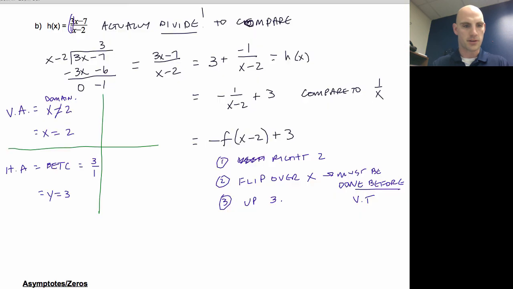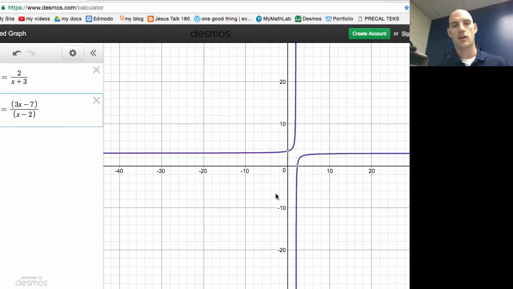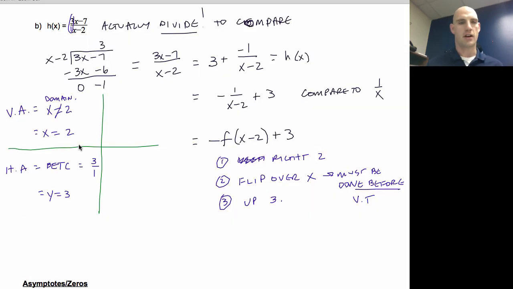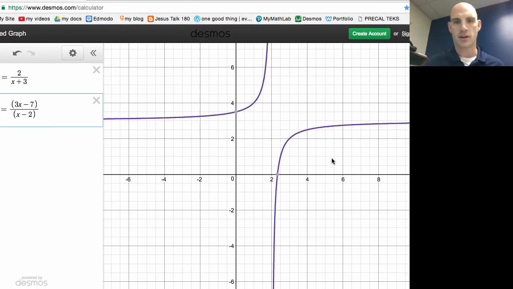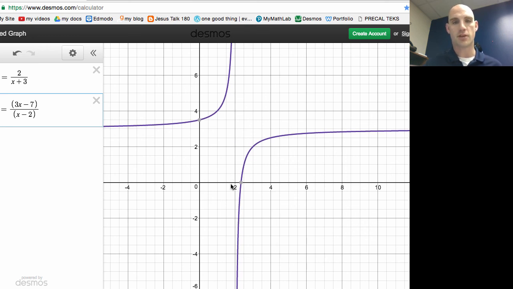Make sure my function's correct here. 3x minus 7 over x minus 2. Okay, check it out. Well, what did we expect to happen here? We were expecting to have a vertical asymptote at x equals 2 and a horizontal asymptote at y equals 3. Let me zoom in here. Yes, there is a vertical asymptote at 2. Yes, it seems that there is a horizontal asymptote at 3.